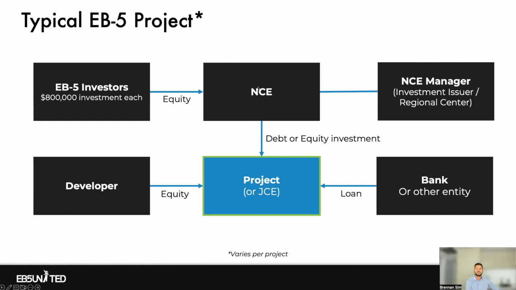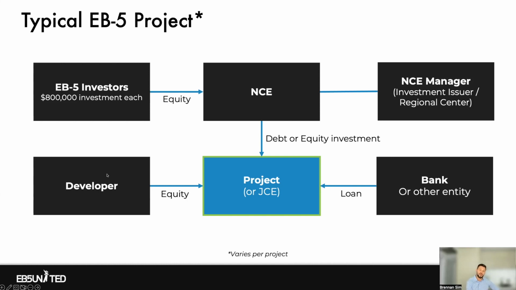The money goes into the NCE, you have the NCE manager, and then it is loaned or put in as equity into a project or a JCE, a job creating entity. This job creating entity might have other sources of capital, maybe other loans, like from a bank. A bank loan will usually be in a first position ahead of the EB5 loan, and then you'll have developer equity.